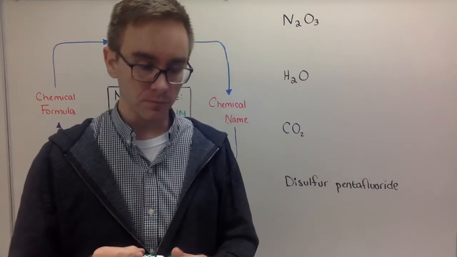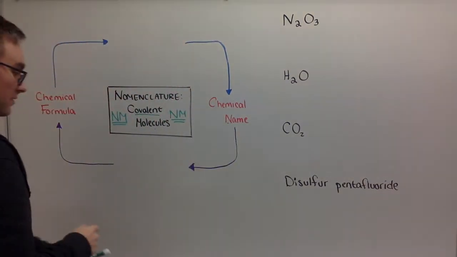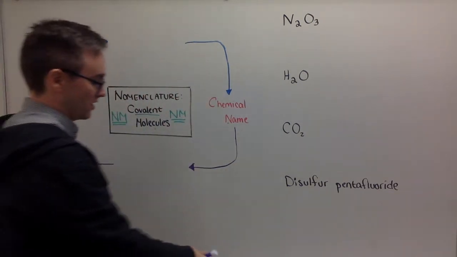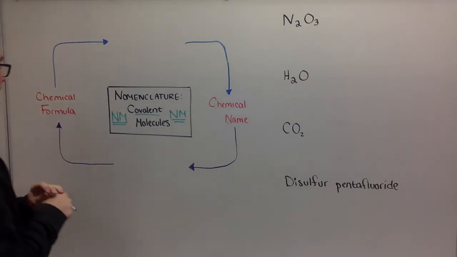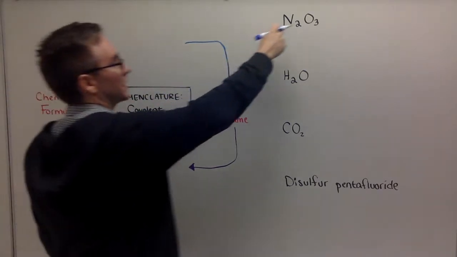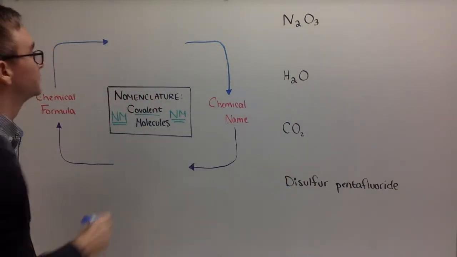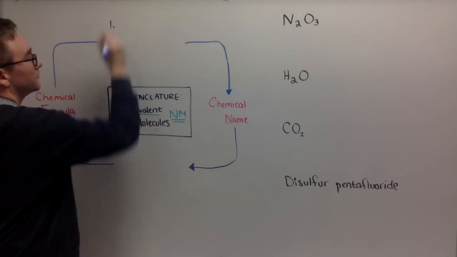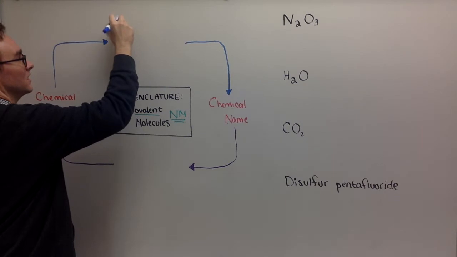All right. So let's talk about this one right here. One way is really easy. The other one is a little bit more challenging. So chemical formula. You go from the chemical formula to its chemical name. Step one is you need to add IDE.